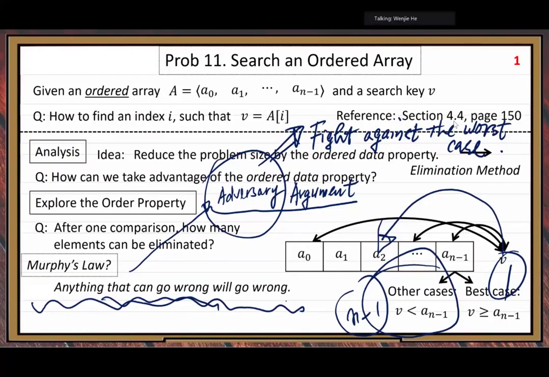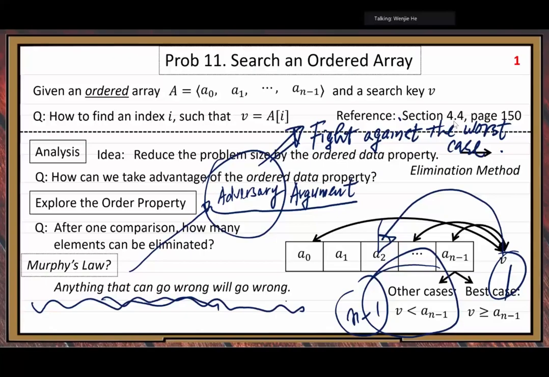All right, so we agree. Our smart adversary always picks the worst subcase for us to solve. But we want to design some effective strategy to reduce the impact of our adversary.